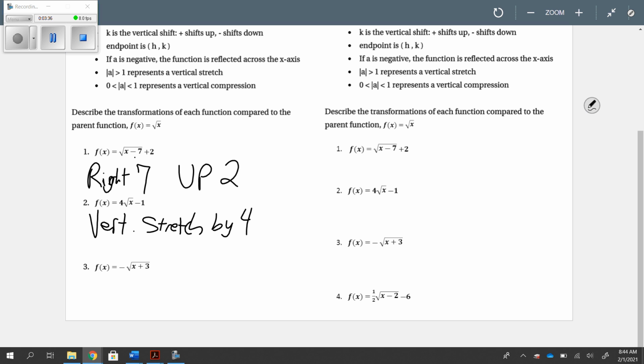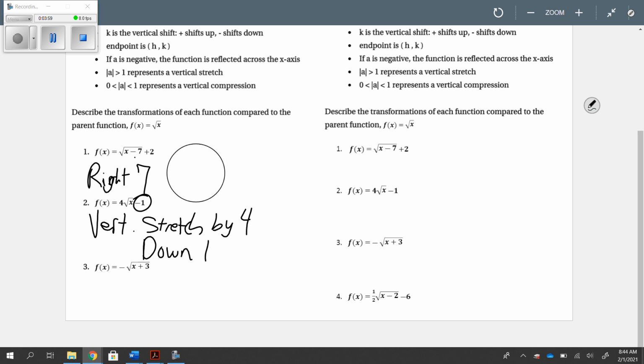If that had been 1/2, then it would be a compression, but because it's greater than 1, it's a vertical stretch. And then finally, that minus 1 on the outside, it'll be down 1. Don't forget, inside the square root, inside the parentheses, that's always left or right. Outside, that's up or down, and it tells the truth. So minus 1 is down 1.